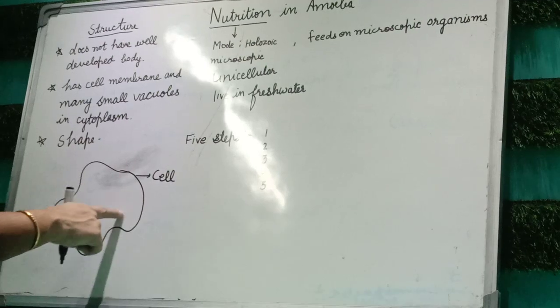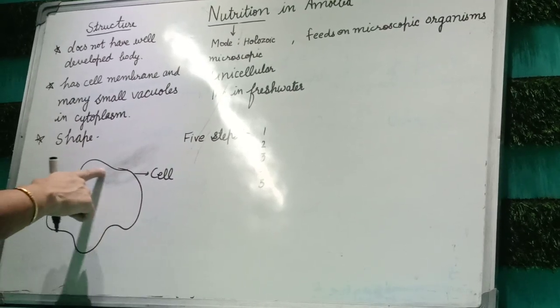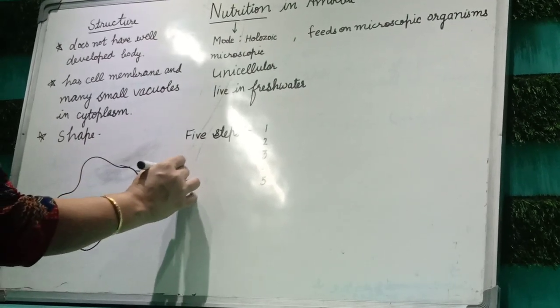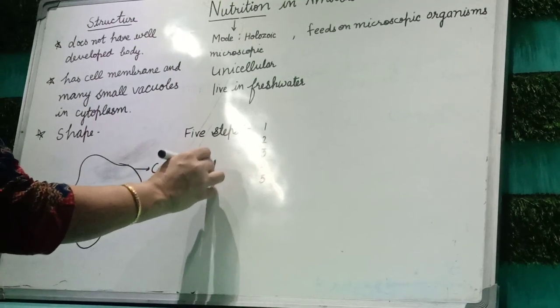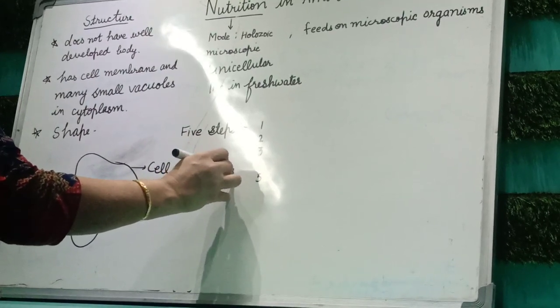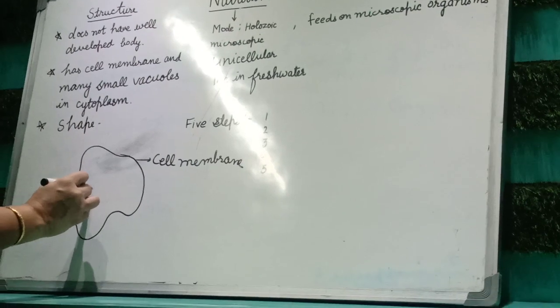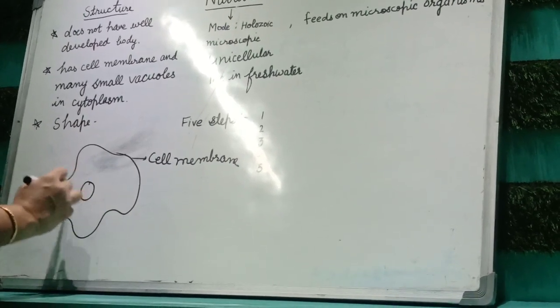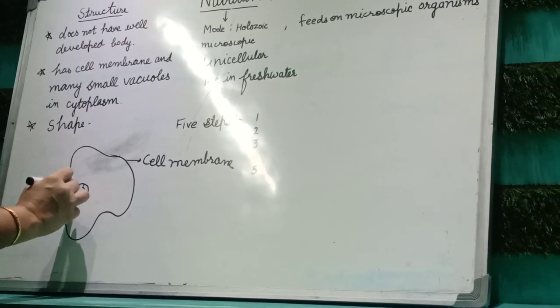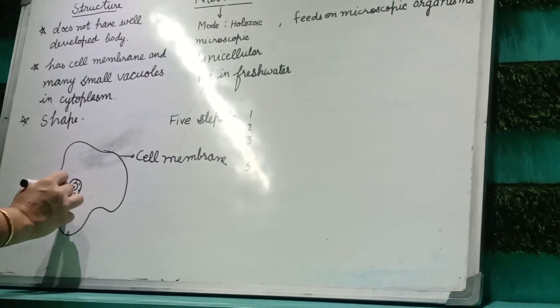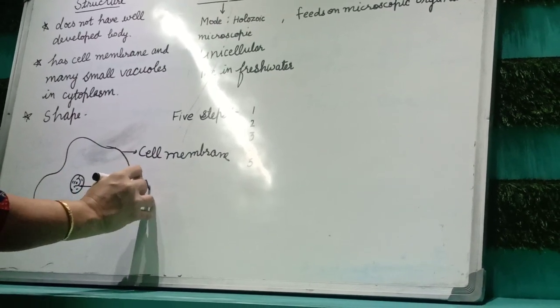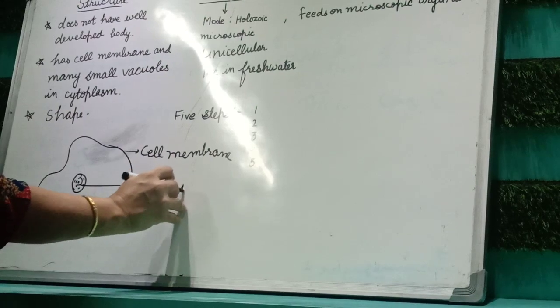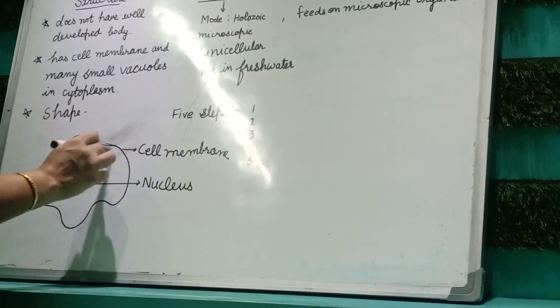Amoeba is surrounded by a very thin membrane known as the cell membrane, and a vacuole, and inside at the center the nucleus is present, and cytoplasm.